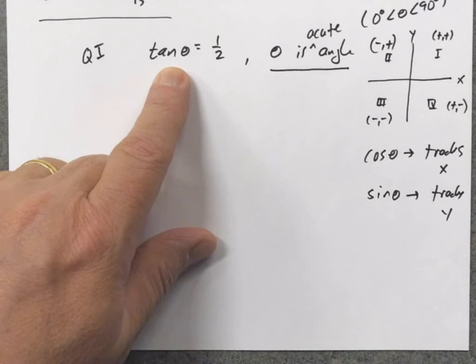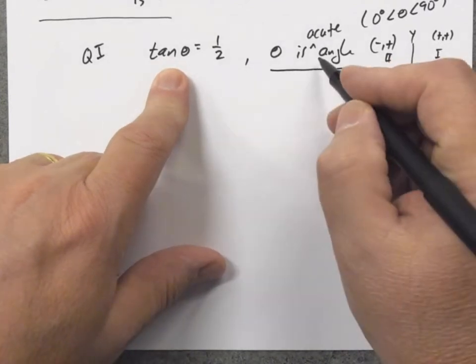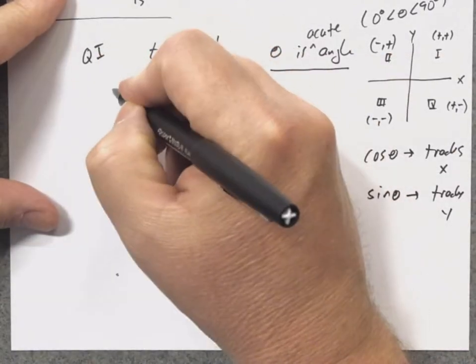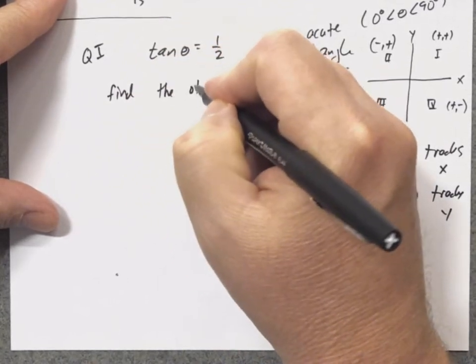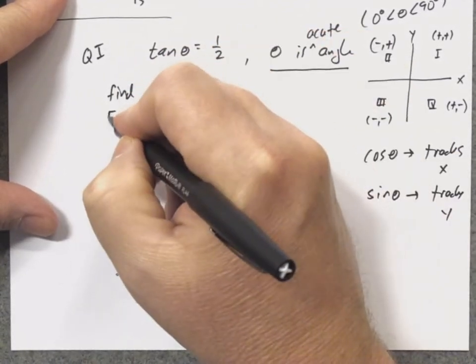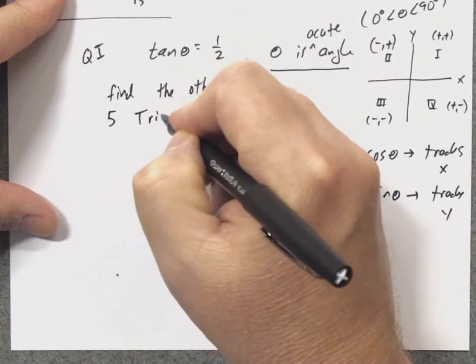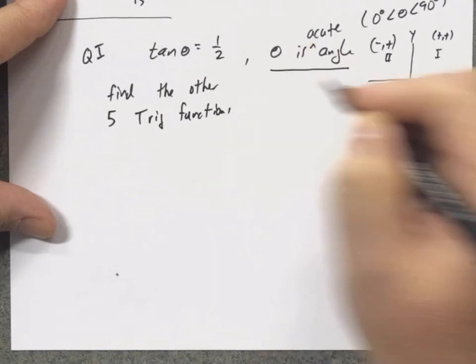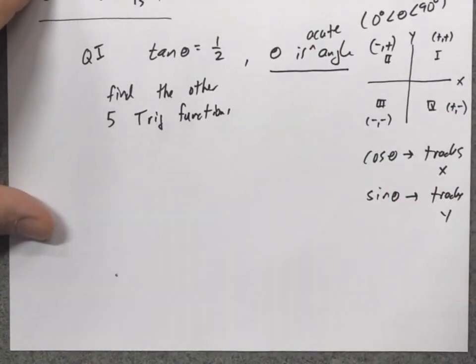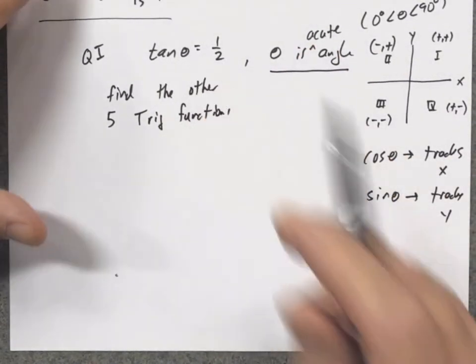So here you're given a trig function. We're told this about the angle. Our assignment is find the other 5 trig functions. In other words, there are 6 trig functions. We already know one of them.